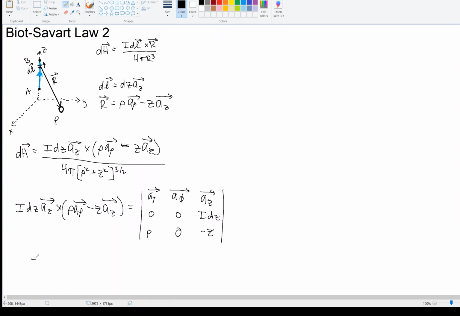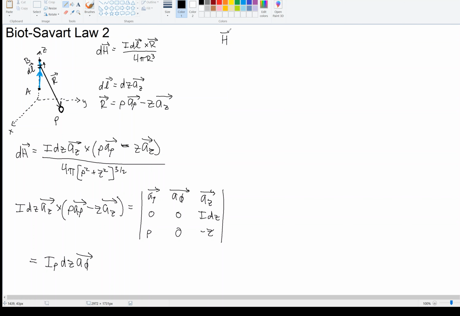Okay, so I compute that cross product, and I get I rho dz in the phi direction. I'll trust that you know how to compute that determinant, how you compute that cross product. So that is the magnetic field due to just that little infinitesimally small segment.